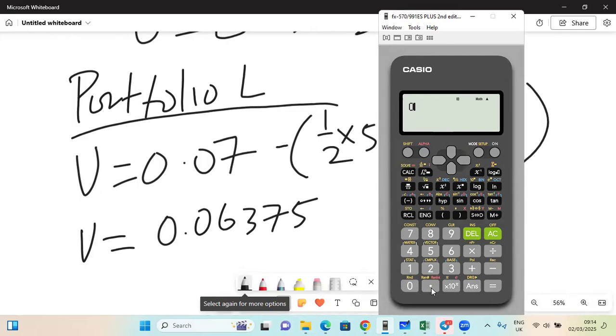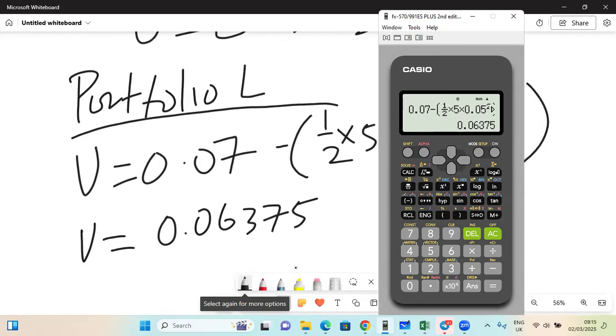So 0.07 minus into brackets 1 over 2 times 5 times 0.05 squared. That's the same thing. All right, so this is the utility for portfolio L.